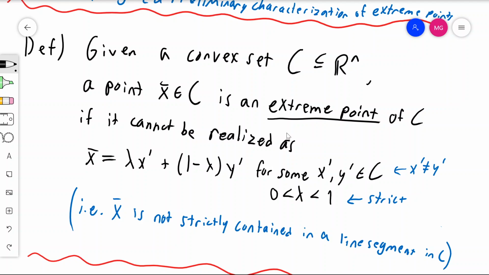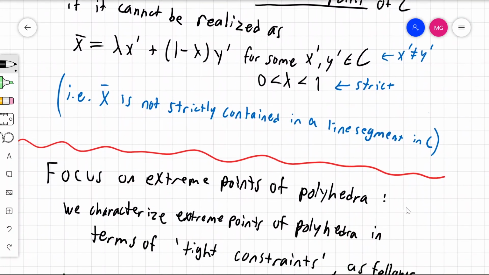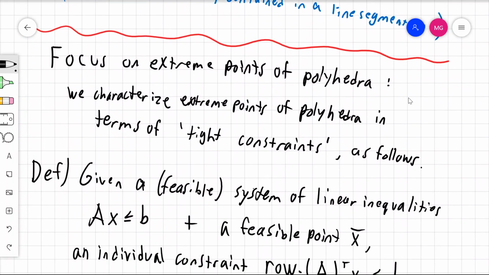But so that's our definition then. So x bar is extreme if it cannot be written in this way. So in other words, x bar is an extreme point if it cannot be strictly contained in any line segment in C. So it's important that the line segment is itself in the convex set C. Okay, so that definition is for any convex set.